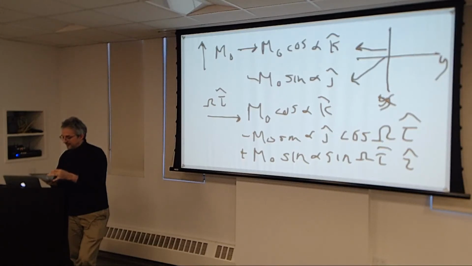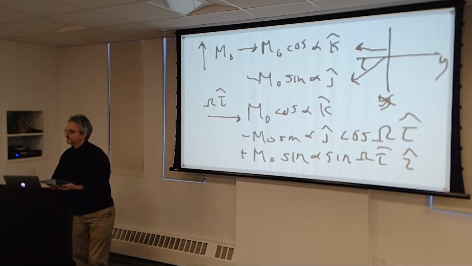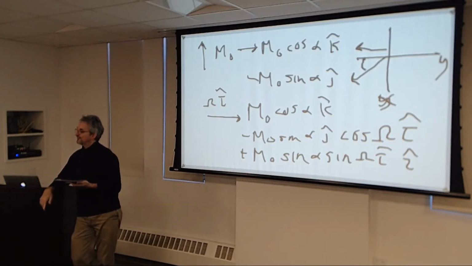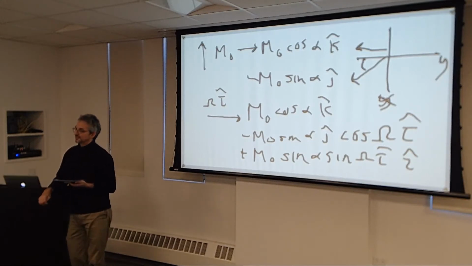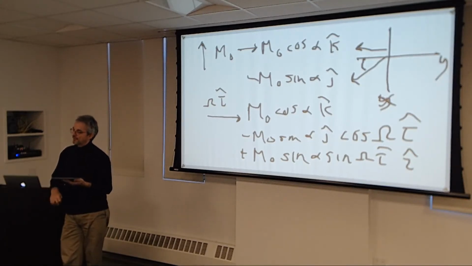It's rotated by this angle, Omega tau hat. And that's what you would see in the spectrum as a first order phase error. And if you were now acquiring the signal, you probably wouldn't worry about this. You would just apply a first order phase correction.